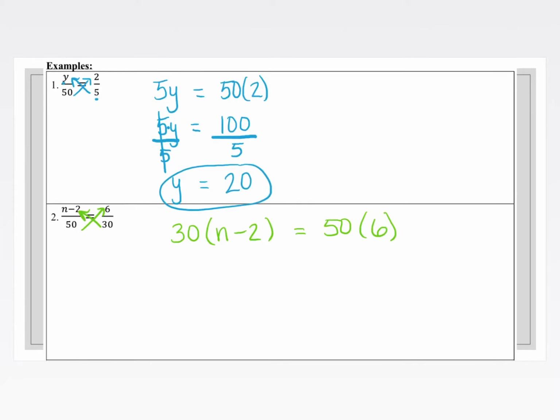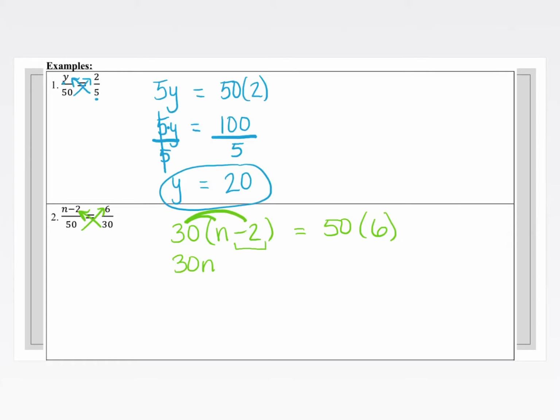So on the left-hand side, my instinct is telling me to apply the distributive property. Because this is really 30 times n minus 2, this 30 is going to apply to each part of this binomial. So we have 30 times n, which gives us 30n, and then 30 times negative 2.